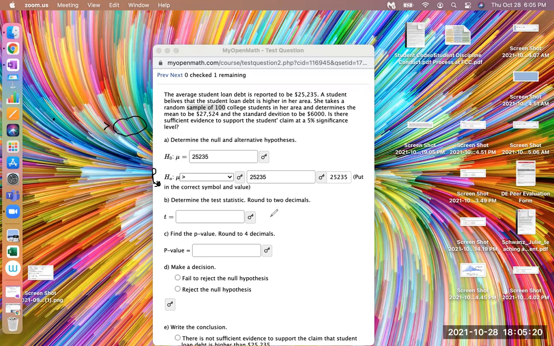Yes. Before we move on, let me draw the actual picture here that you are asked to do on the actual test. They say the average, and so this is the sampling distribution of the sample mean. Remember that the mean of this distribution was actually the mean of the original distribution. So this 25,200 is the mean of the sampling distribution.